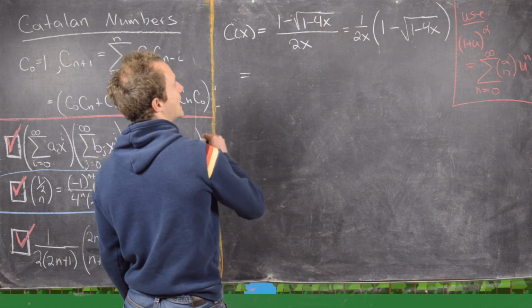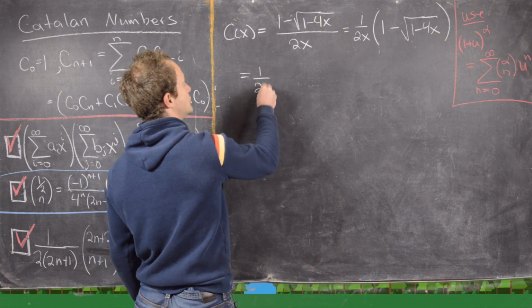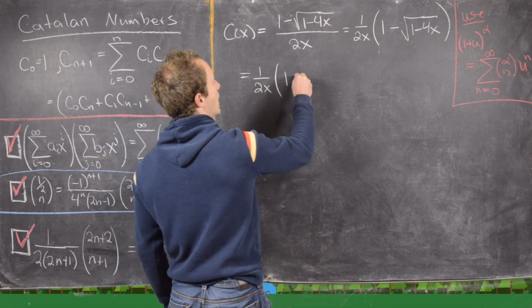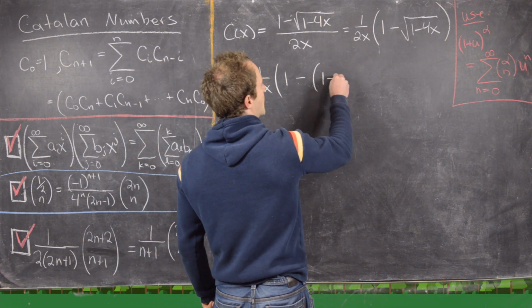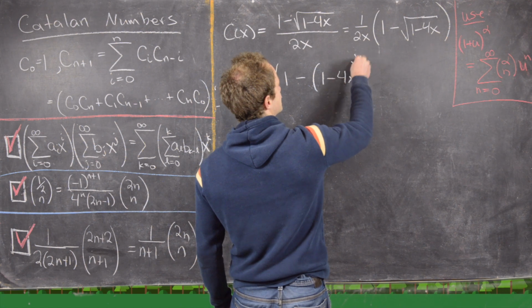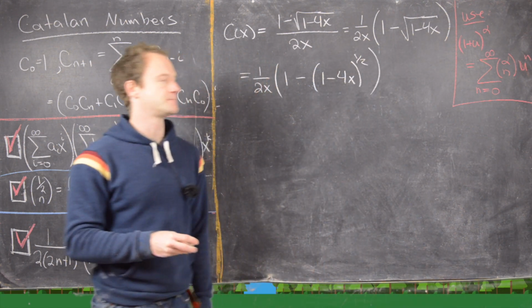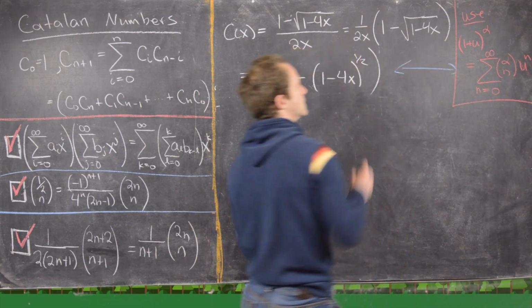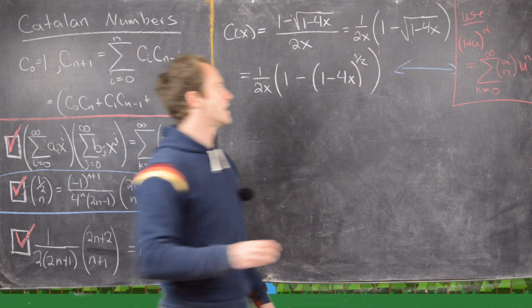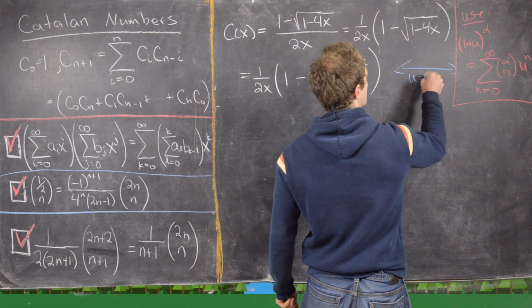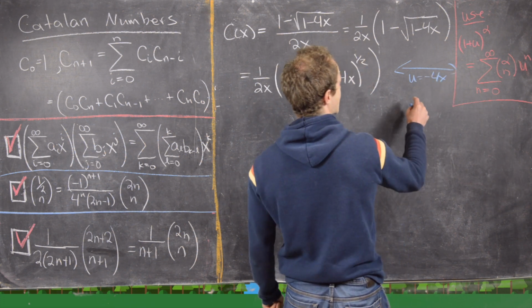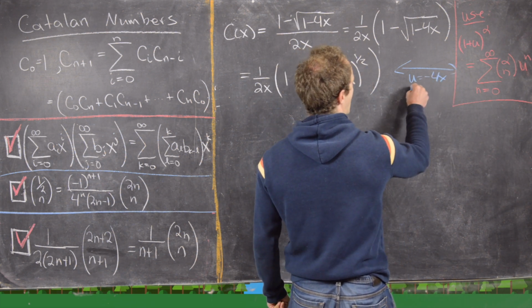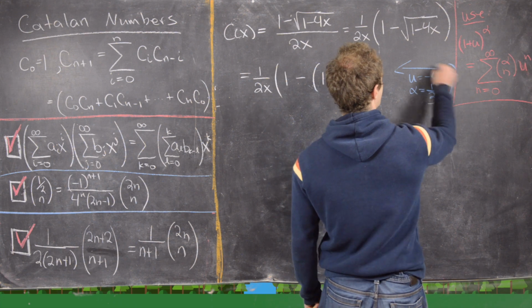So now I'm going to go ahead and rewrite this as 1 over 2x, and then 1 minus 4x to the half power. Okay, which means I can use this binomial theorem with u equal to minus 4x and alpha equal to a half.